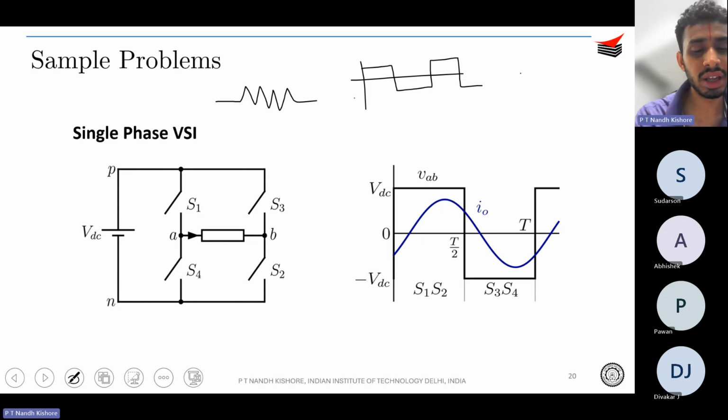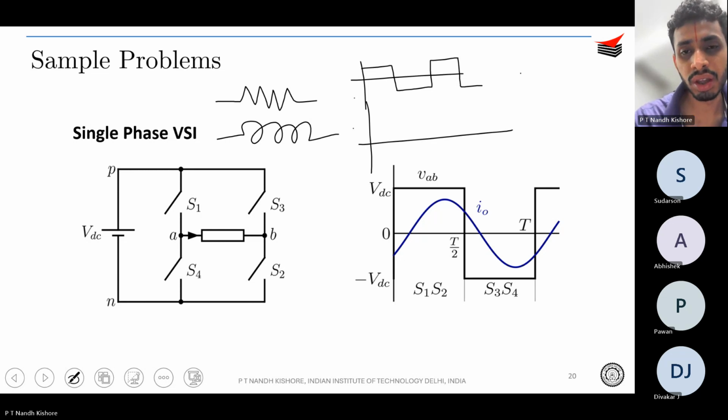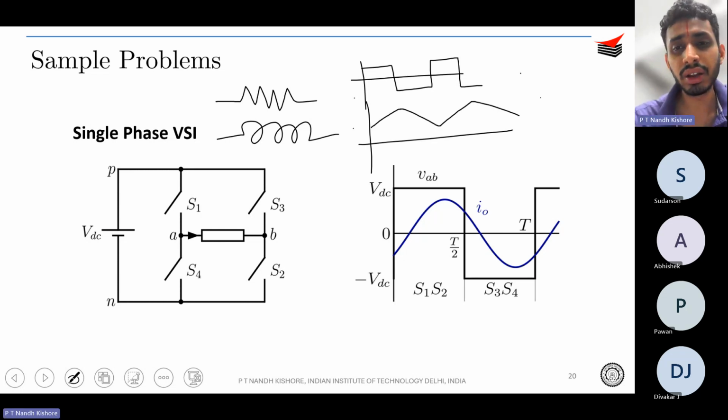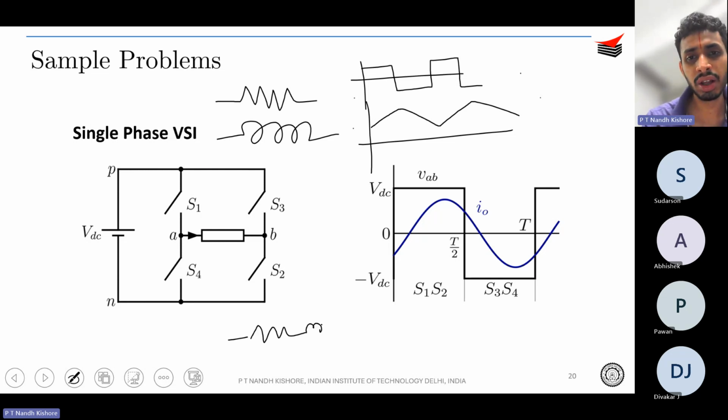And if your load is an inductor, it is going to be a triangular wave, right? And if you have an R and L, you are going to get some kind of RL charging.